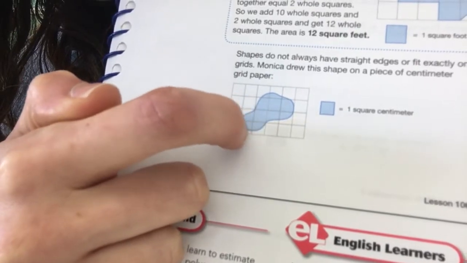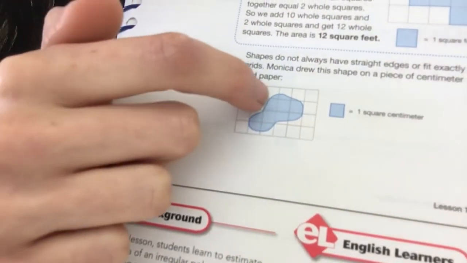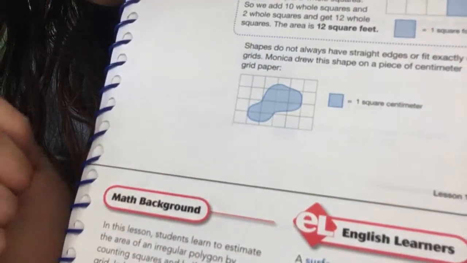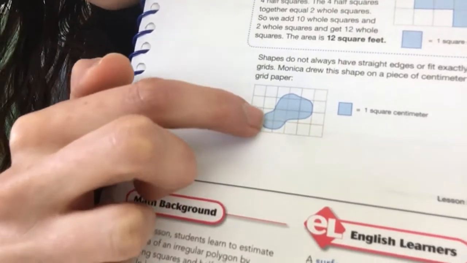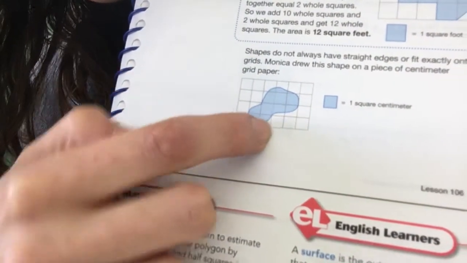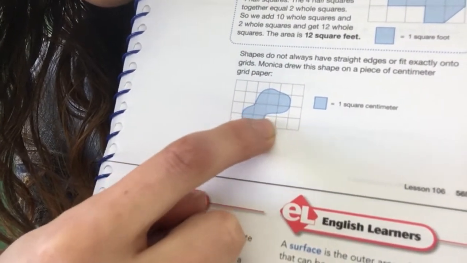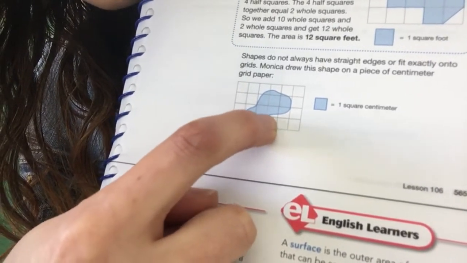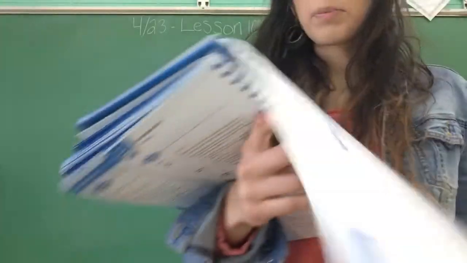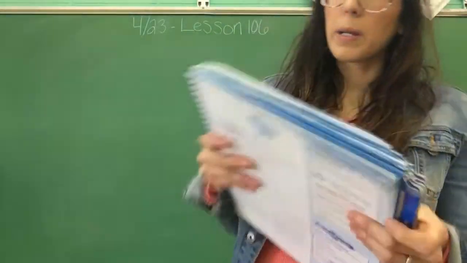And that one I think is about half. So those ones barely count, okay? So half, half, half, half, and that's about half, right? Okay, so let's go back to the other page. I just wanted to show you guys that really quick.